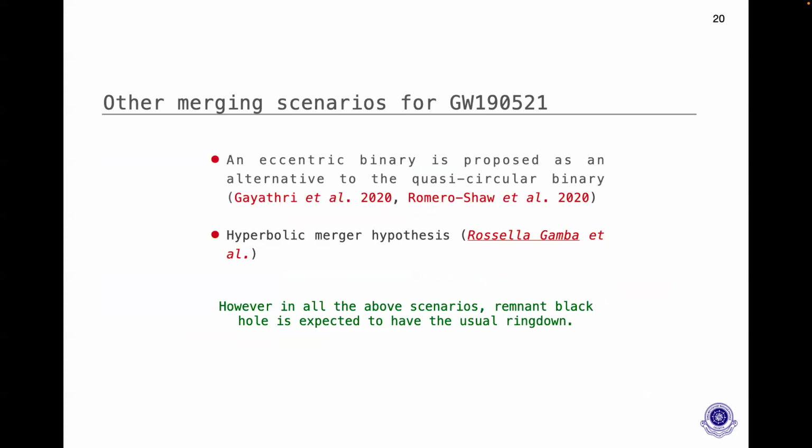This paper discussed that maybe this event can be a highly eccentric compact binary merger, or a more exotic scenario where these people suggested that this event can even be a scattering or hyperbolic merger event. But in all these events, if the two black holes have merged in some way, then the ringdown has to happen. So we performed our data analysis after the merger.